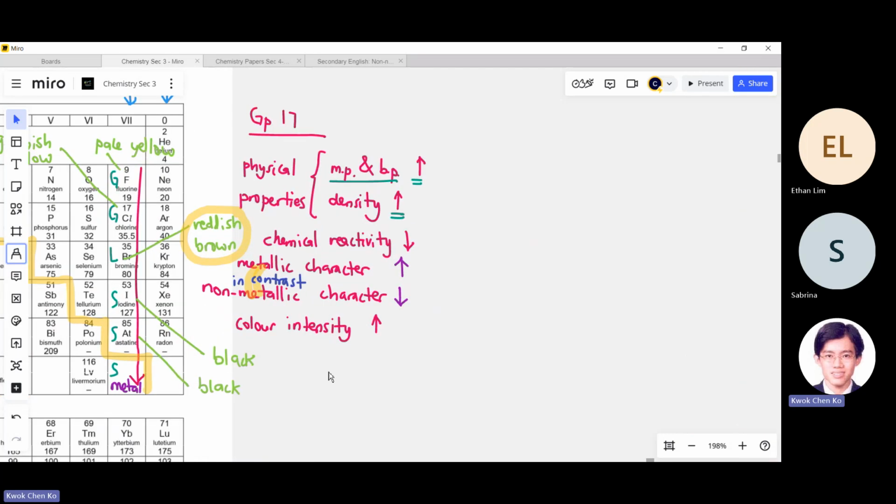Group 18, there's nothing much to say. There's nothing much to ask either. Now, first things first, they are called noble gases. So yes, of course, all are gases.